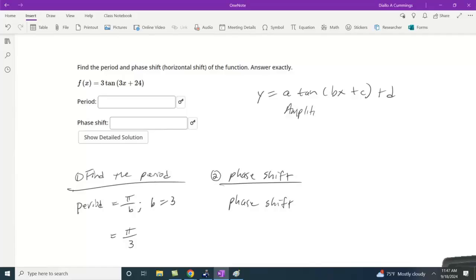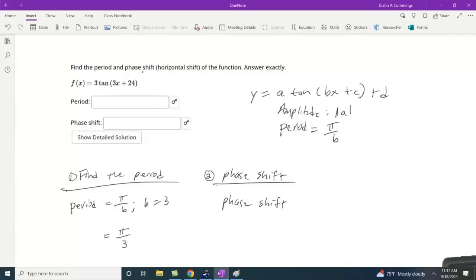The amplitude is still the absolute value of a. The period is pi over b. The phase shift is negative c over b.